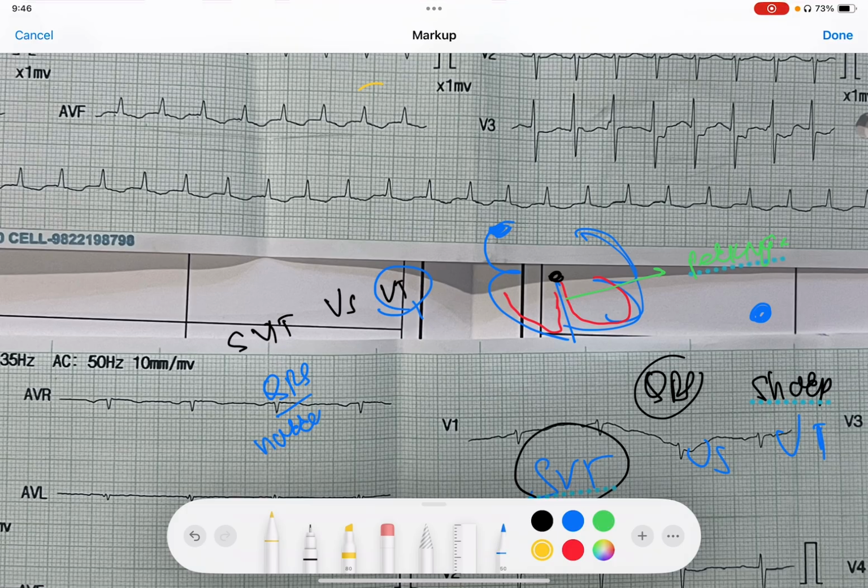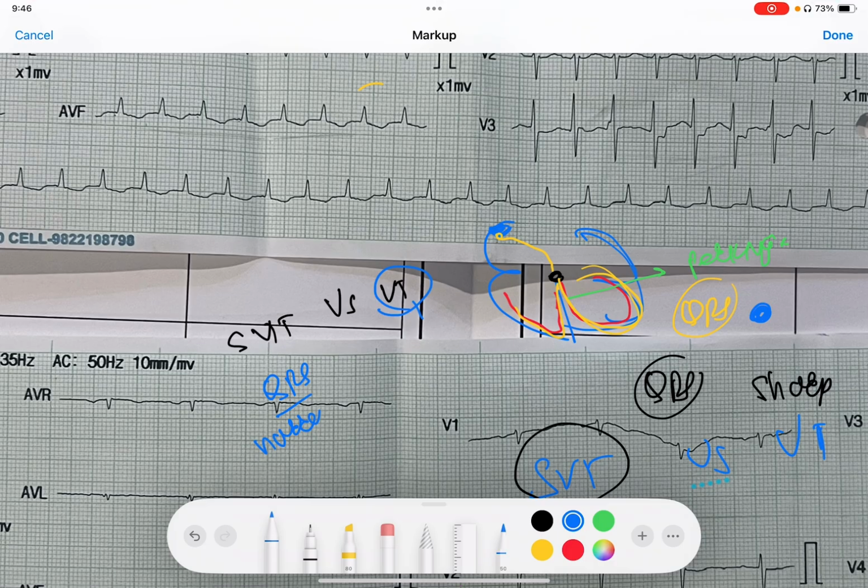That is the reason why any impulse which comes from here to here is carried ultra fast. That is why the QRS is very narrow. The less time taken to carry the impulse, the shorter the QRS. The more time taken, the wider the QRS.